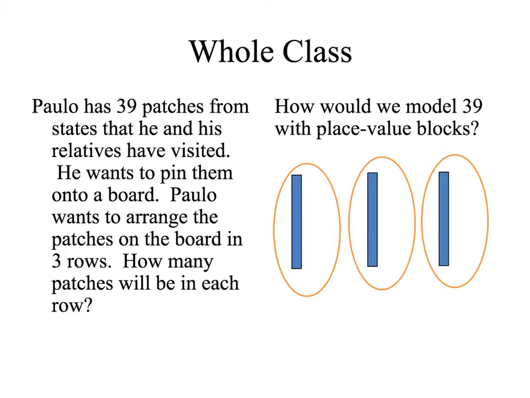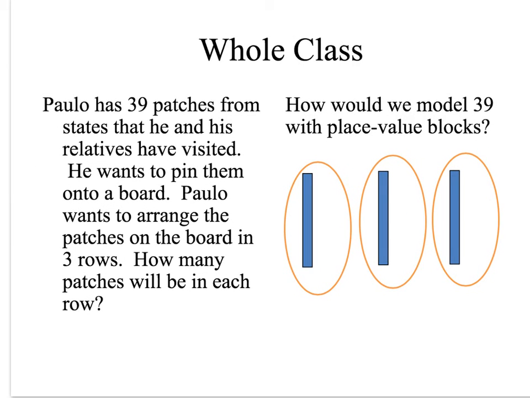So if we look at the problem and use cubes, we're first going to circle the numbers that are keys. So we have 39 and 3. Then we're going to underline the question, which says how many patches will be in each row. Then I'm going to box keywords.